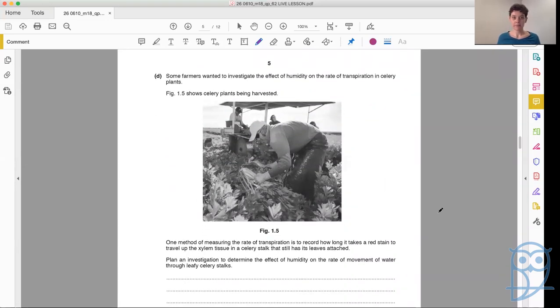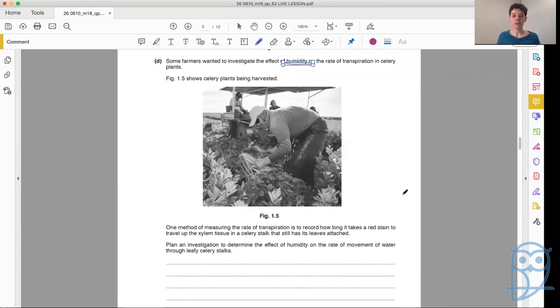So this question now says that some farmers wanted to investigate the effect of humidity on the rate of transpiration in celery stalks. So the last one was the effect of temperature. Now we're looking at the effect of humidity. So we've changed things a little bit. Figure 1.5 shows celery plants being harvested.